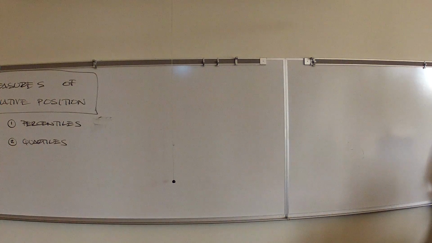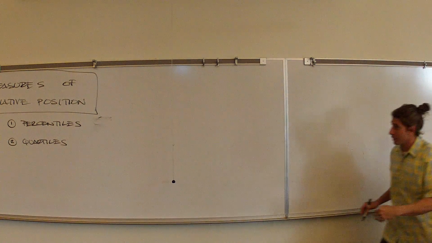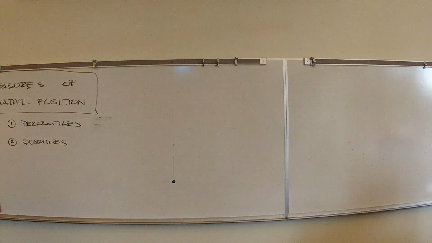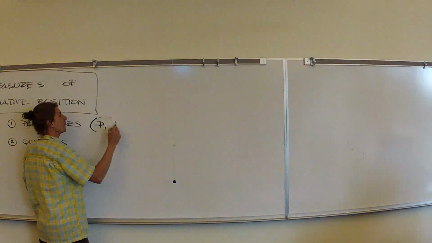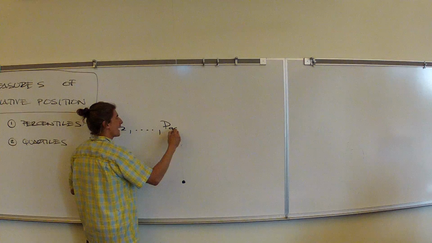There we go. Okay. So there are 3 quartiles. There are 99 percentiles, which seems kind of weird. Actually, I shouldn't say that. I take that back. There are 99 integer percentiles. P1, P2, P3, P4. And I'll put those, we can kind of make a little laundry list, like P1, P2, etc. Technically speaking, up to P99.